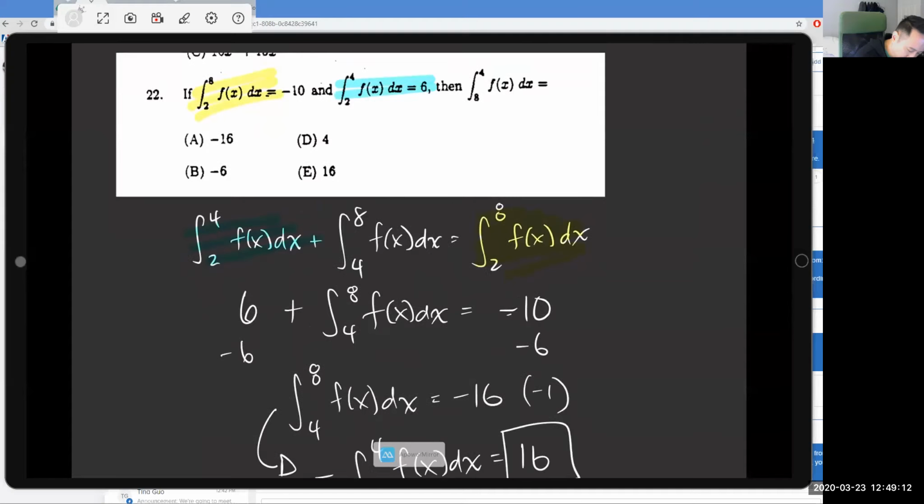And so it looks like my answer is E. And you notice negative 16 is right here, which is really tricky, right? Because most students might think it's negative 16, but the answer is actually positive 16. Okay.